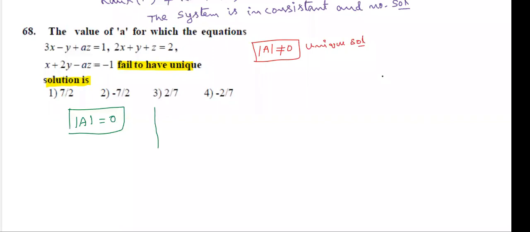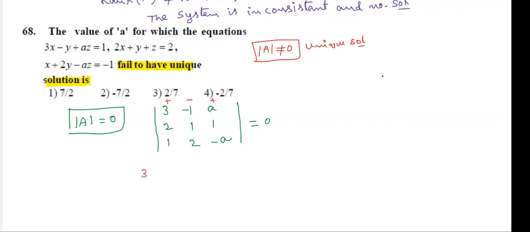Now write the coefficient matrix. 3, minus 1, A. Second equation 2, 1, 1. Third equation 1, 2, minus A, that is equal to 0. Expand the determinant, then you will get the answer. You know that already, the signs plus, minus, plus.